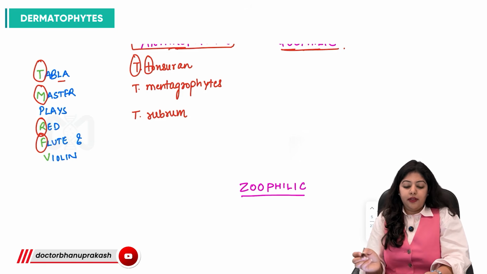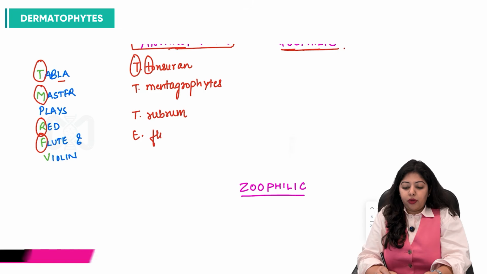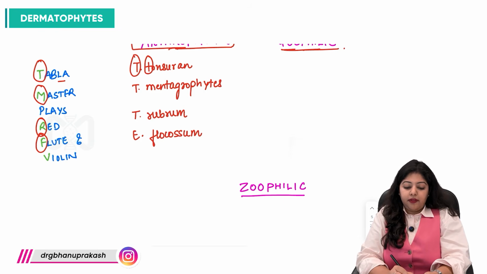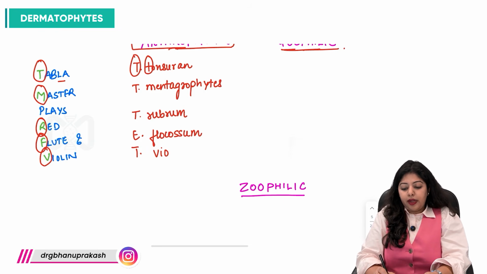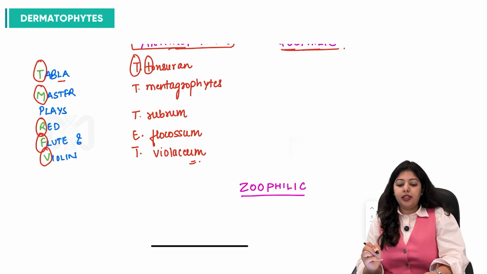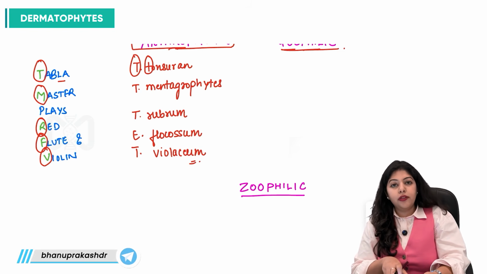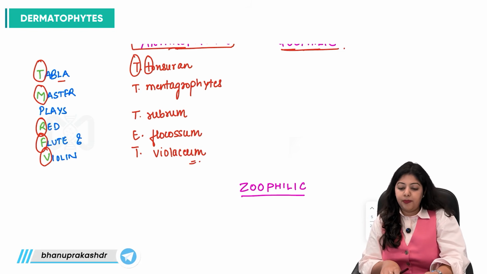Then we have F. F stands for Epidermophyton floccosum, and V stands for Trichophyton violaceum. Right? So these are anthropophilic species, or exclusively associated with human beings.